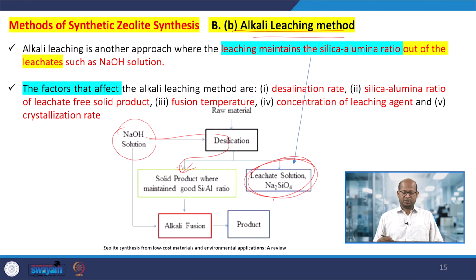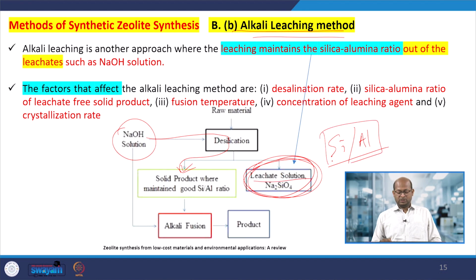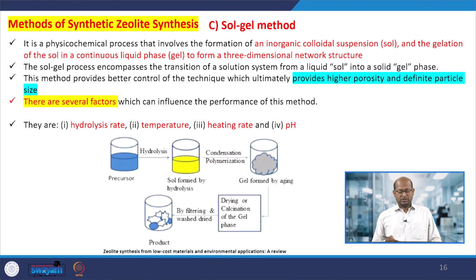In that way you can control the silica alumina ratio, because when the base reacts with silica, sodium silicate forms, which we can take out. As a result, this ratio we can control by the leaching method. Finally, by putting it in an autoclave and maintaining high temperature and pressure, we can get zeolites whose silica alumina ratio will be changed.